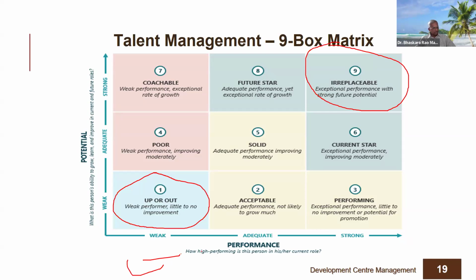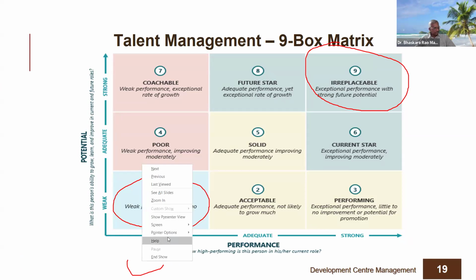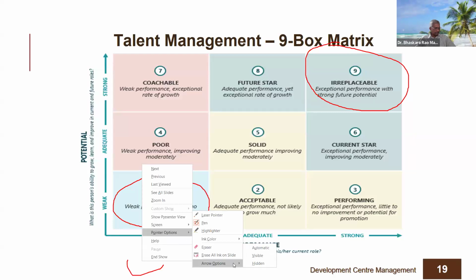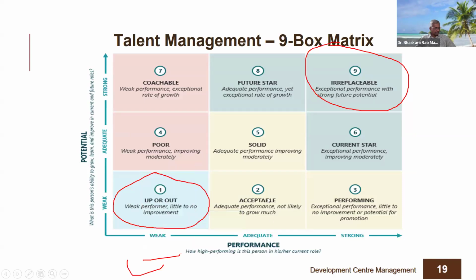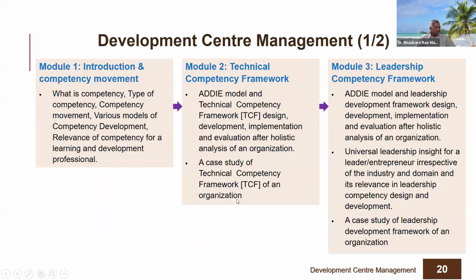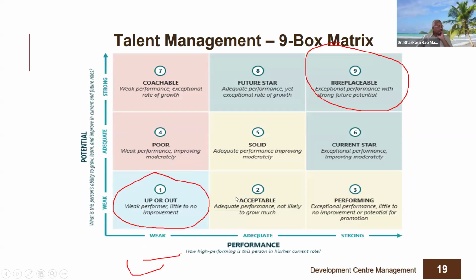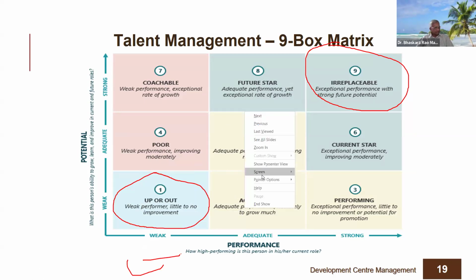Again, numbers two and three, you can continue them in the organization, but they are not going to fit the bill for any higher responsibilities. Then you look at adequate potential, but performance is not great. Then again, they are not really required by the organization.